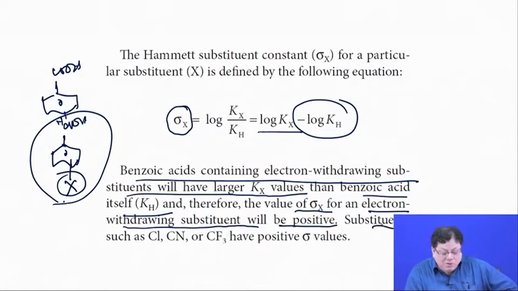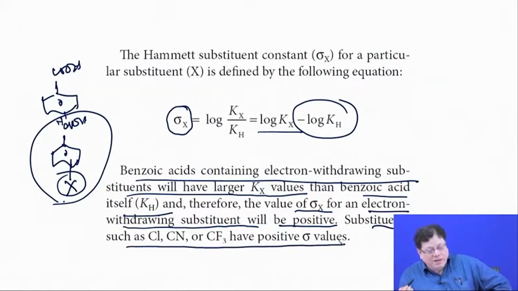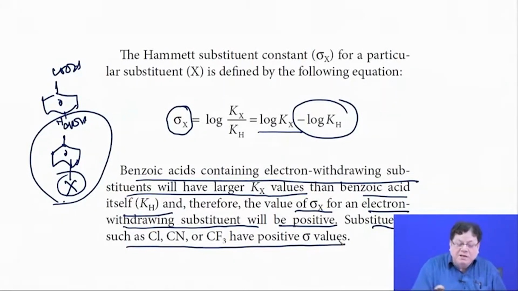Substituents such as Cl, CN, CF3 have positive sigma values. So, sigma is basically you take an acid like benzoic acid, and the substituent effect is the difference between the two log dissociation constants.